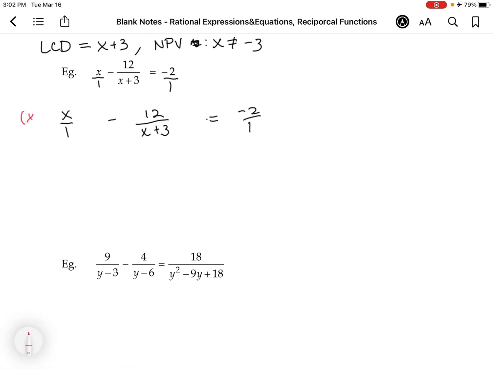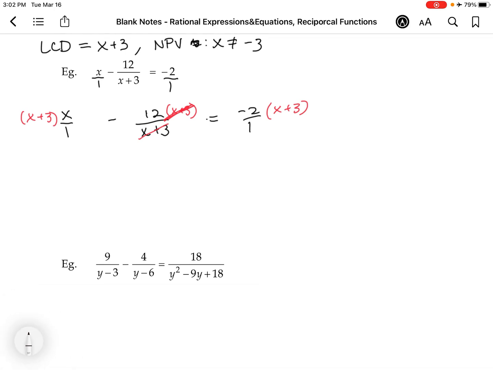So I've got to multiply this by x plus 3, this by x plus 3, and this by x plus 3. Now from the first term, nothing cancels because my denominator is just 1. For my second term, these cancel. And from the term on the right, the negative 2 over 1, again nothing cancels because the denominator is 1.